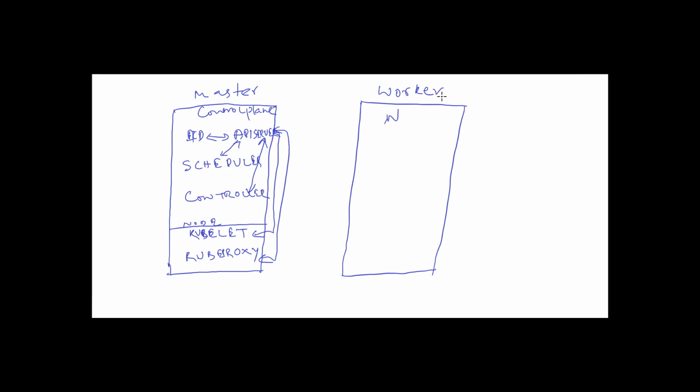In the worker node also we will have node components, kubelet and proxy. Again, the API server is responsible for this communication. So this is, on a high level, the cluster architecture.